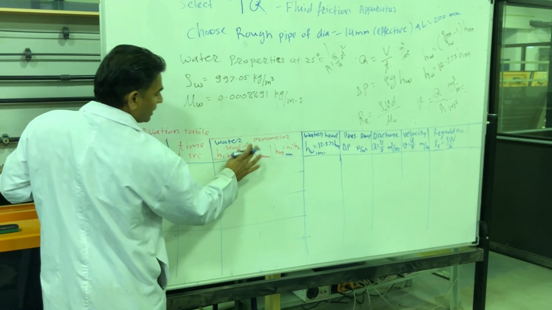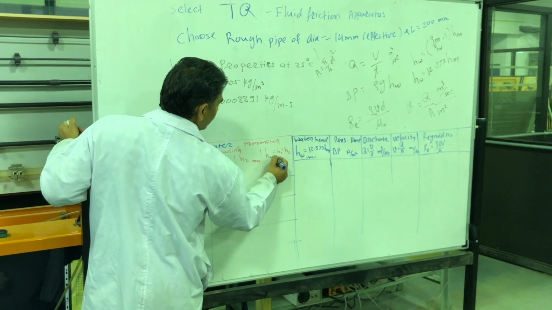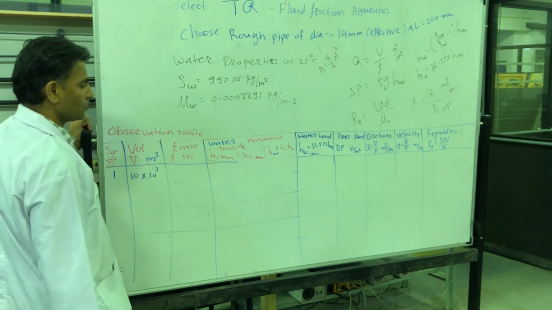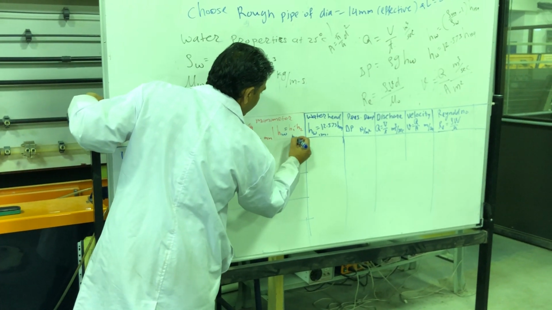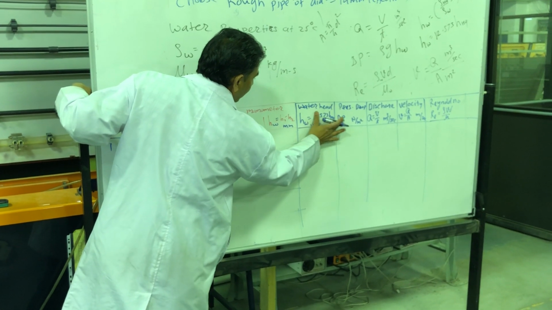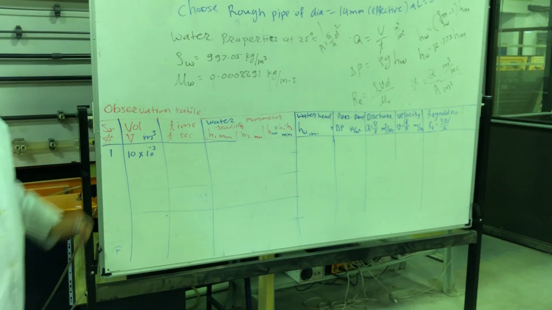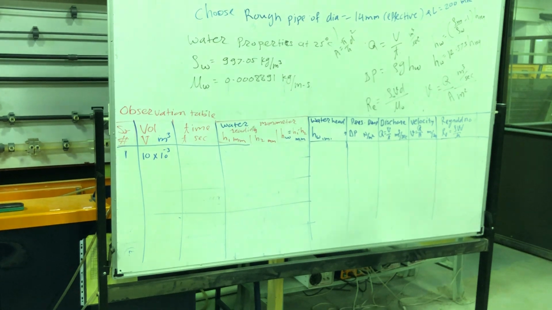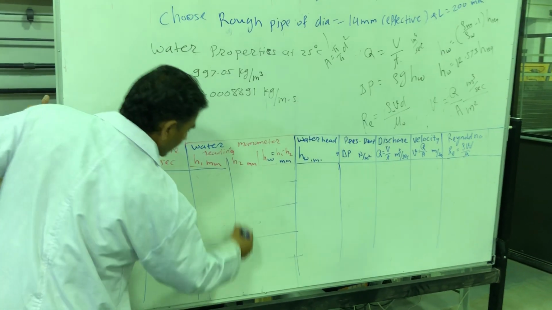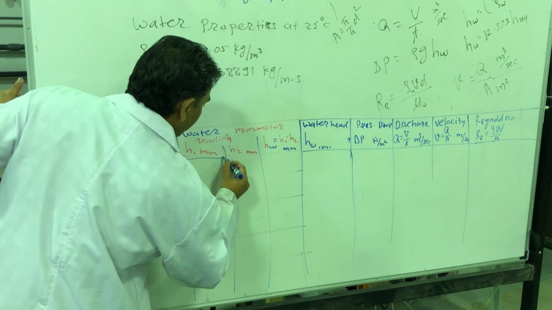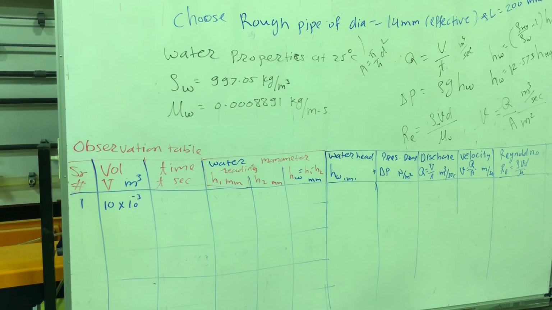Water manometer readings H1, H2 and this is directly Hw equal to H1 minus H2. So this is millimeter. I can directly write the difference in millimeter and no need to multiply anything. Hw in meter. Okay, because there is no mercury. So measure time, write H1, H2, take the difference and you can do the calculation that is asked.